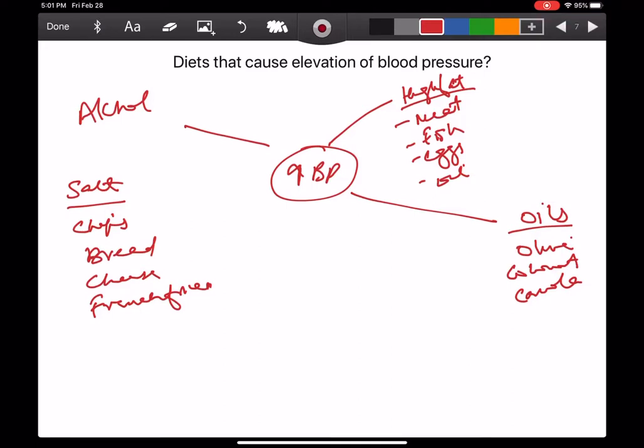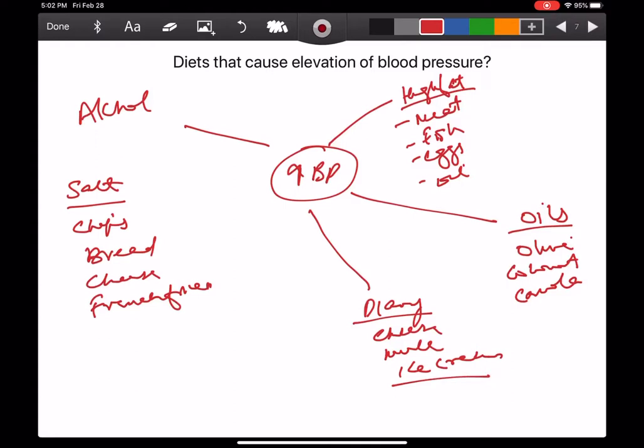Followed by dairy products. The dairy products, because they have high fat content and some of them also have high salt levels, increase your blood pressure. These include cheese, milk, ice creams.